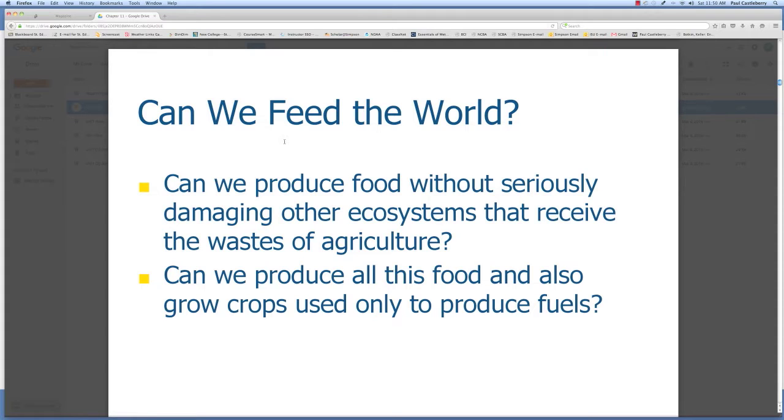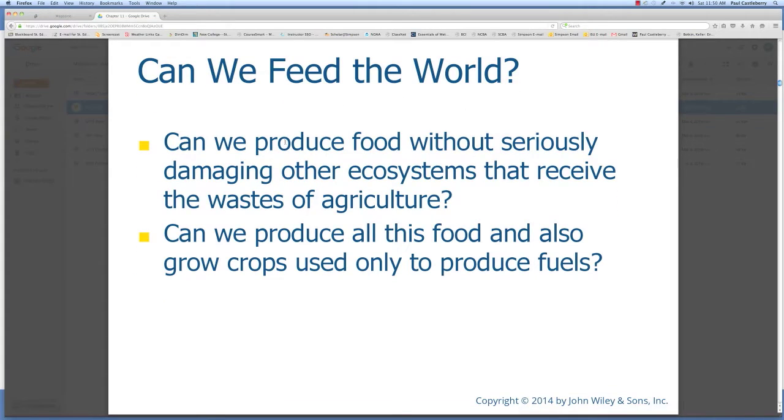We talked about carrying capacity of the world. Recall that in a previous chapter. We are continuing to increase our population, which is continuing to demand more and more resources, natural resources, from the planet Earth. And so we need to see if there are ways that we can make the process more sustainable. And can we produce all this food and crops used only to produce fuels?